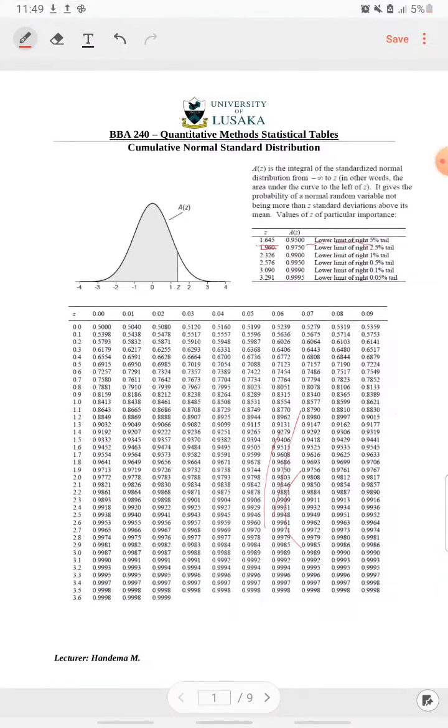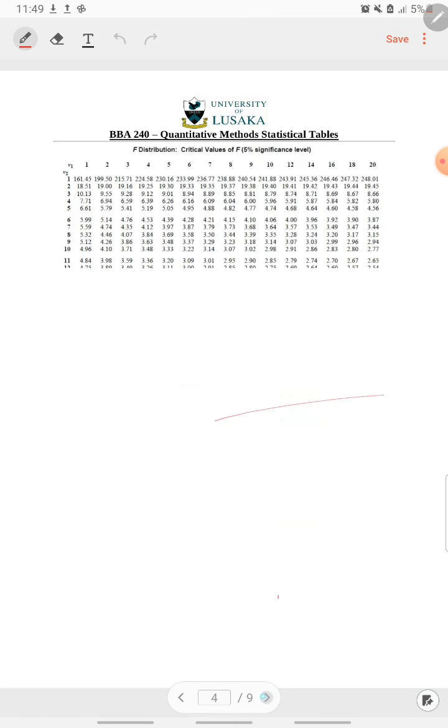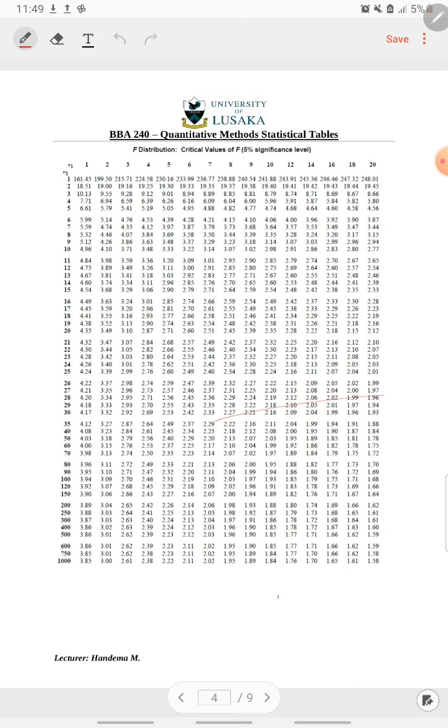We now move to the F table. The first heading on the F table is the level of significance, and that's given by 5%. You can see it there. After seeing the 5%, move to v1 is 2 and v2 is 6.